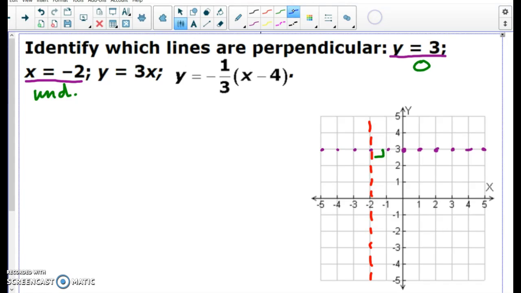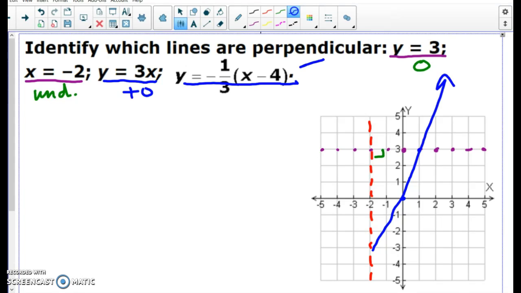Let's take a look at the next 2 lines. Y equals 3x and y equals negative 1/3 x minus 4. If we were to graph those quickly, y equals 3x plus nothing, that's a direct variation equation. Our y-intercept is 0, and we're going to go up 3 over 1. So we can see a line roughly like that.